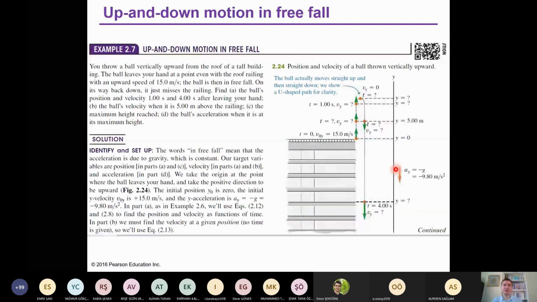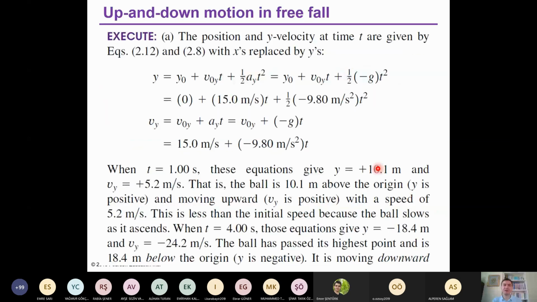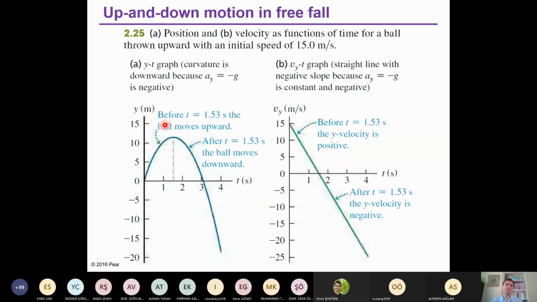So now let me show you all these calculations within the graphs. This is the time axis, 1 second, 2 second, 3 second, 4 second, and this is the y-axis. This is the origin, roof level, 5 meter, 10 meter, and it goes. This is the maximum height of the particle when the time is 1.53 seconds, okay?